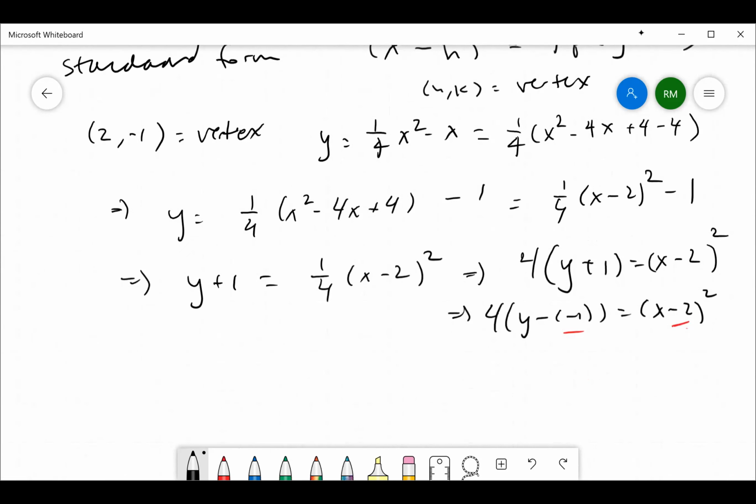So let me write one last thing. This is telling me that 4 times 1 times y minus a minus 1 is x minus 2 squared.